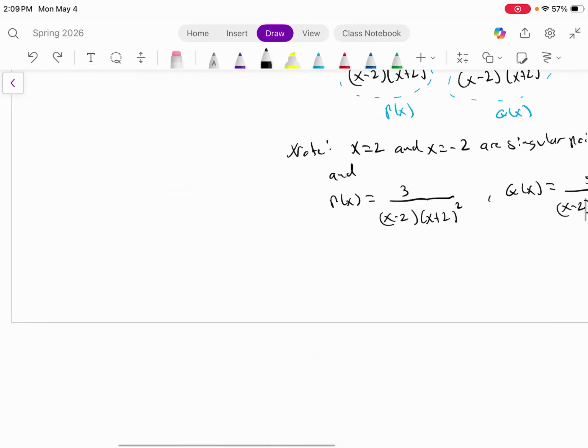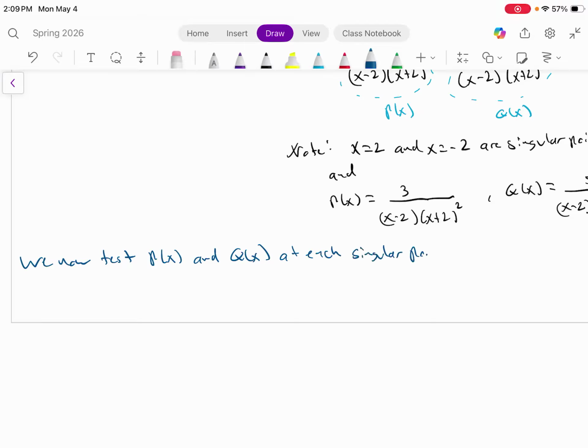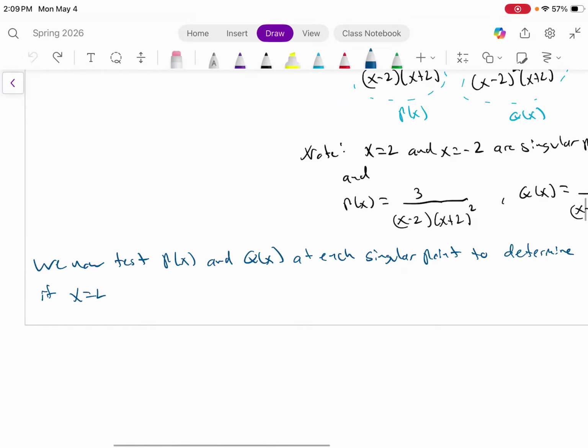We now test p of x and q of x at each singular point to determine if x equals 2 and x equals negative 2 are regular or irregular singular points.